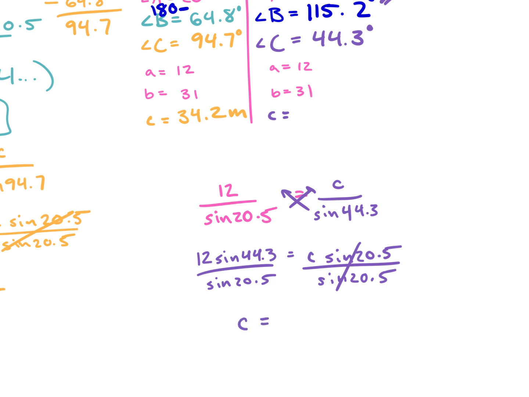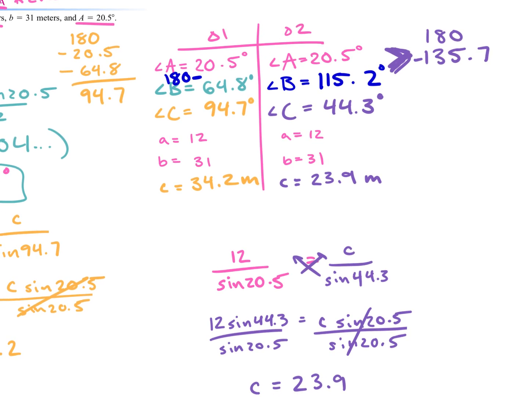So we get C equals 23.9. 23.9 what? Meters. Perfect. So here we have two triangles. We've got 3 answers for each of our triangles, so just make sure you are organized with your work.